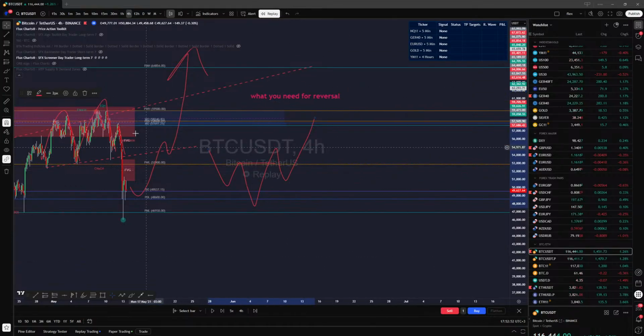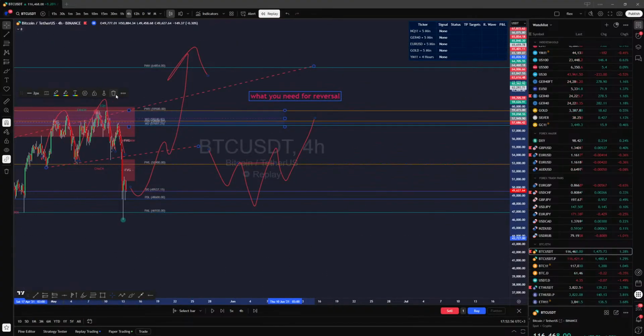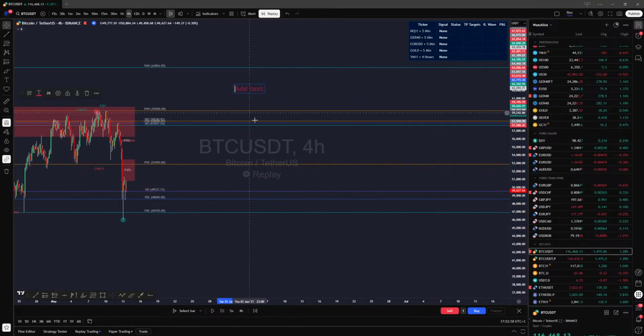It has to be clean. So you are always keeping an eye on premium and discount. It's the first important thing. Premium and discount. Right? Then liquidity. So it has to be here.